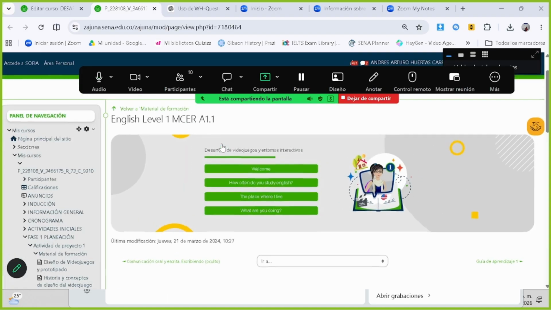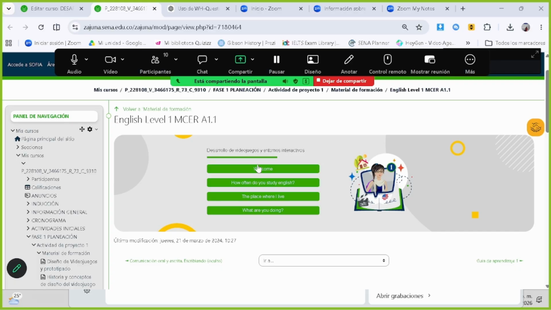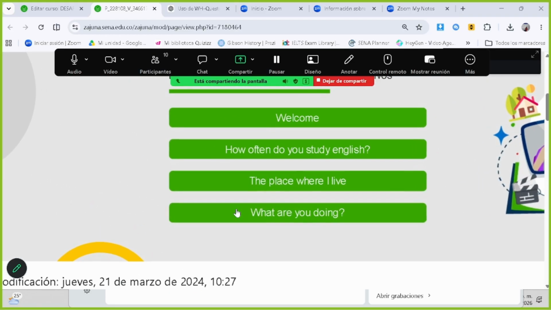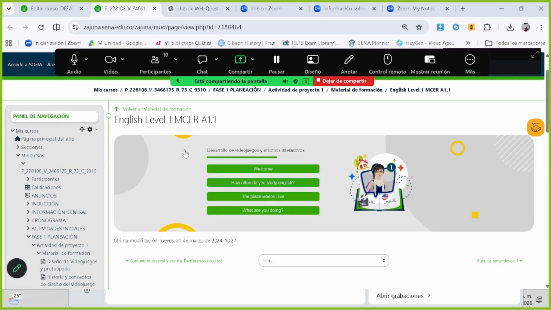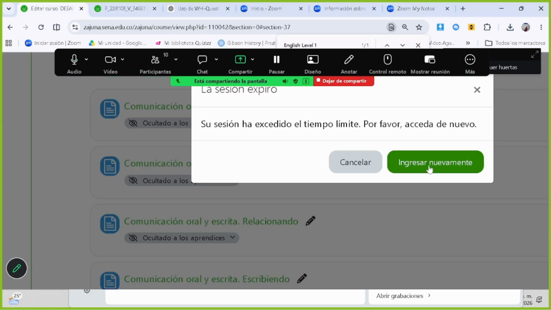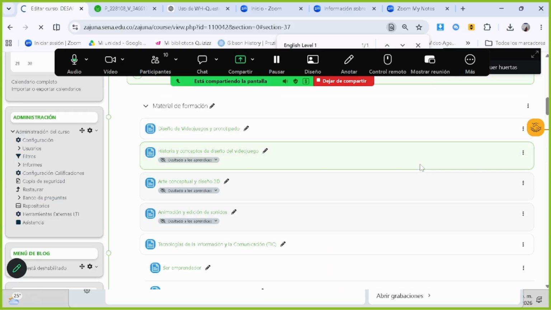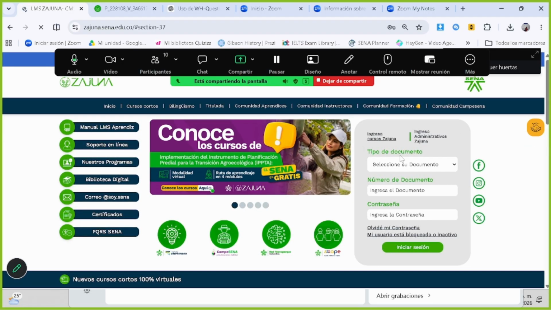Any questions? It's clear. Yes, everything is okay. So let's remember these activities are located here in fase 1. Let me enter again.